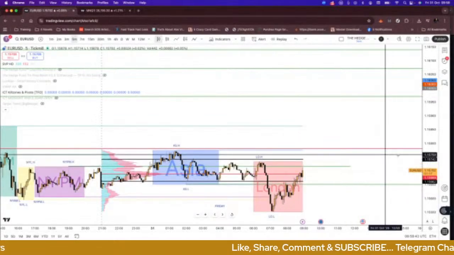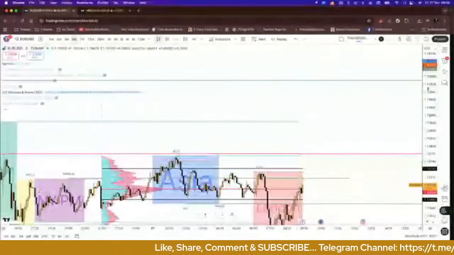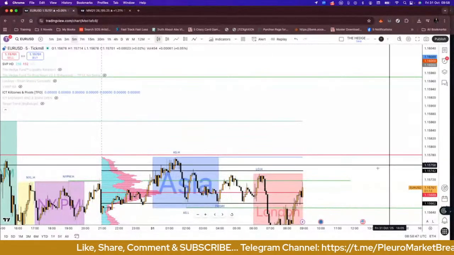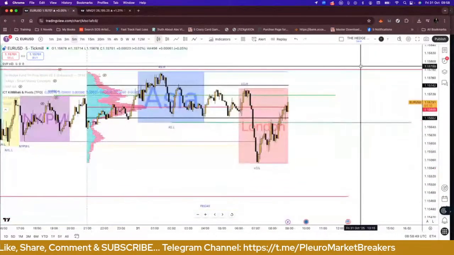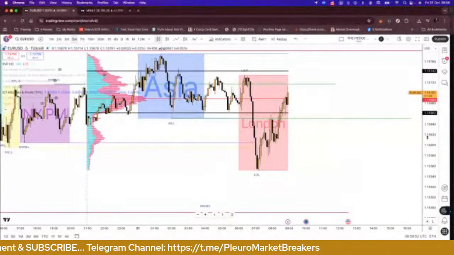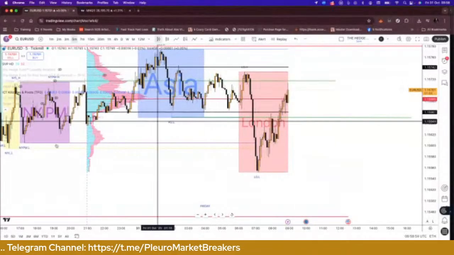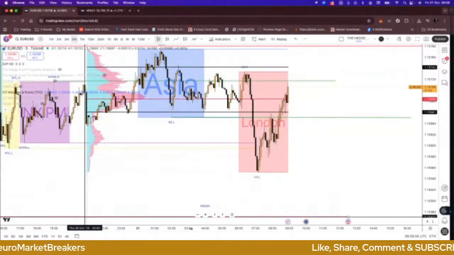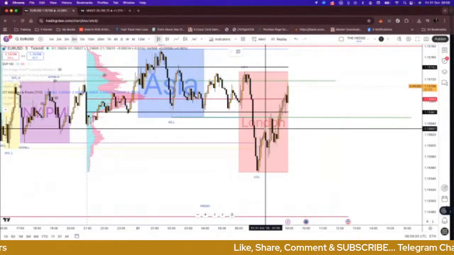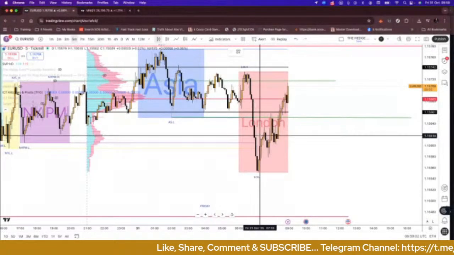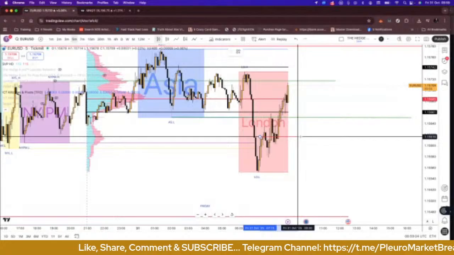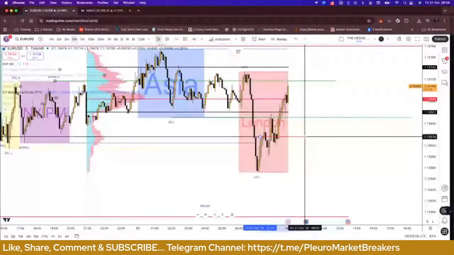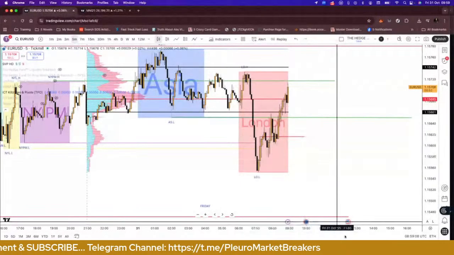Okay, so if you're scalping, there's already been a nice little scalp. If you're intra-session scalping, it's been a nice little scalp on the 5 minute already. So we've taken out New York's low here, and then we had a change of character here, to the upside.